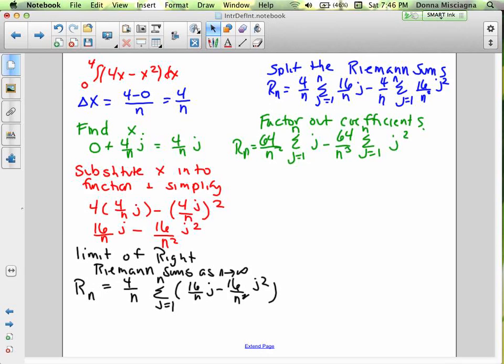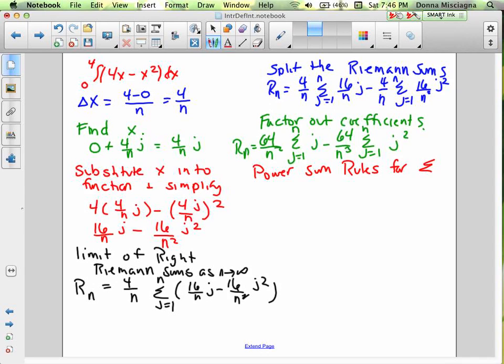So now we'll use the power sum rules for sigma. So this is 64 over n squared, and that sigma of j will now become n squared over 2 plus n over 2, and we'll distribute that.